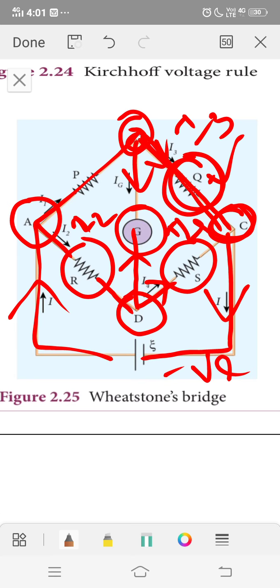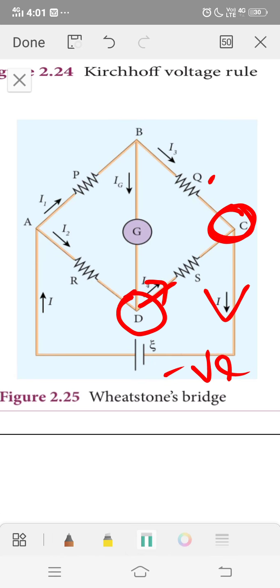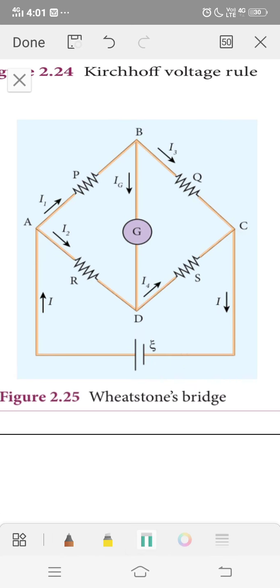So first the current is entering point A. Let me recall everything. First of all, the current flows from higher potential to lower potential, and here at this point the current is divided.